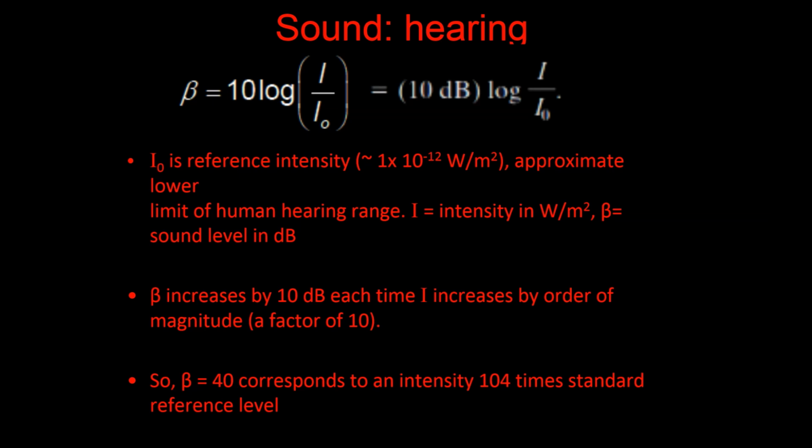But a healthy human should hear down to about 1 times 10 to the minus 12 watts per square meter. Beta is our sound level in decibels, and being a logarithmic scale, this means that beta will increase by 10 decibels each time I increases by an order of magnitude. So beta equal to 40 actually corresponds to an intensity 10 to the 4 times this standard reference level.